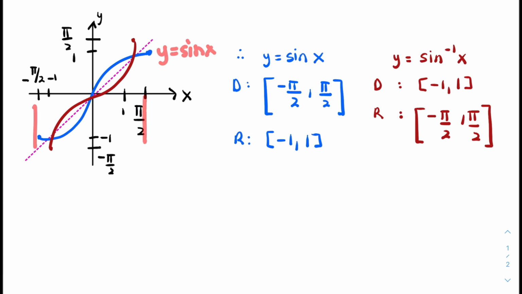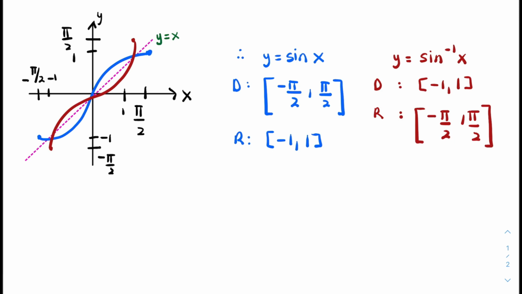You must remember that when you have an inverse function, the graph reflects about the line y equals x. So you have this dotted pink line.